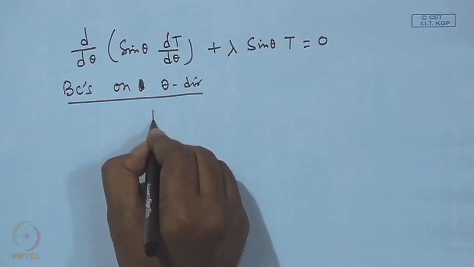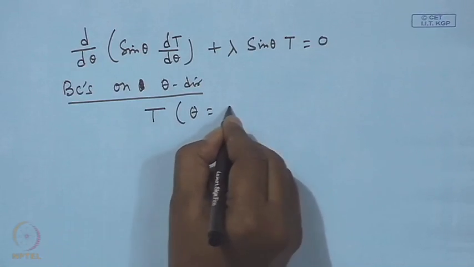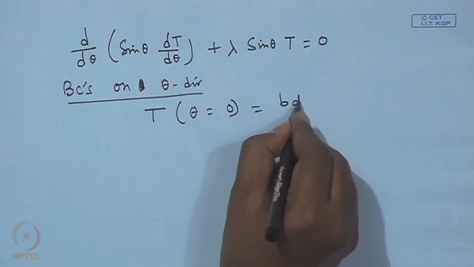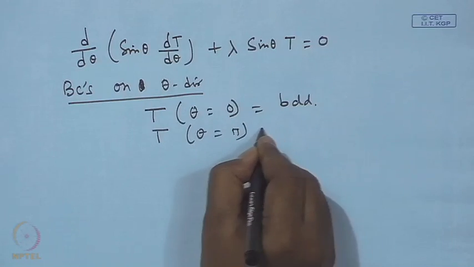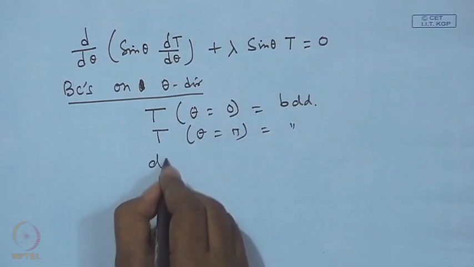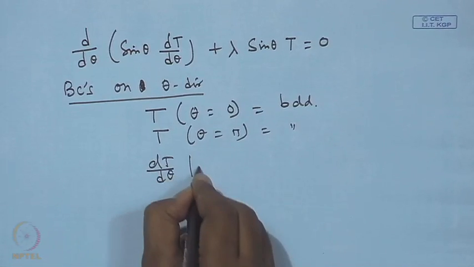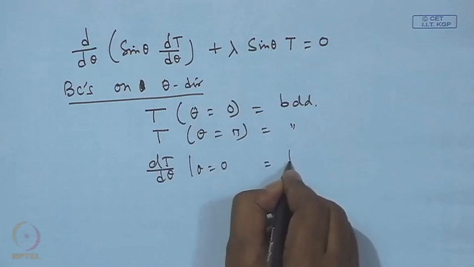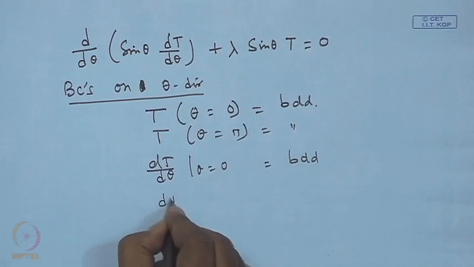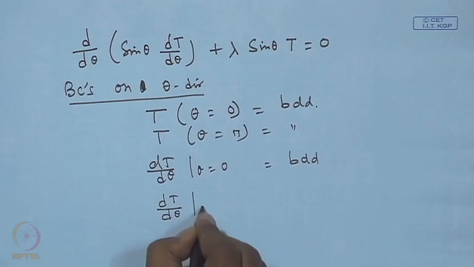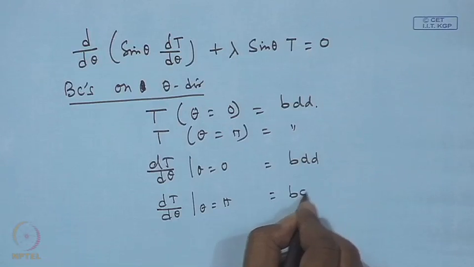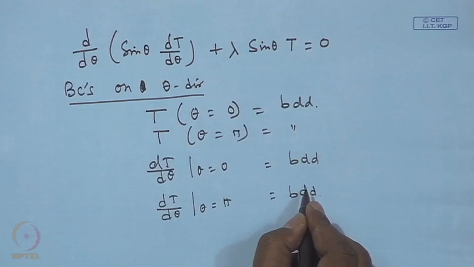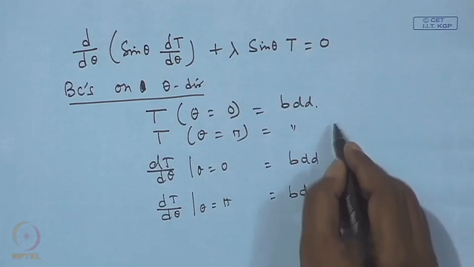So, if we write it down, T at theta equal to 0 is bounded. T at theta equal to pi is bounded. dT d theta at theta equal to 0 is bounded. dT d theta at theta equal to pi, again, is bounded. And where are these boundary conditions coming from?